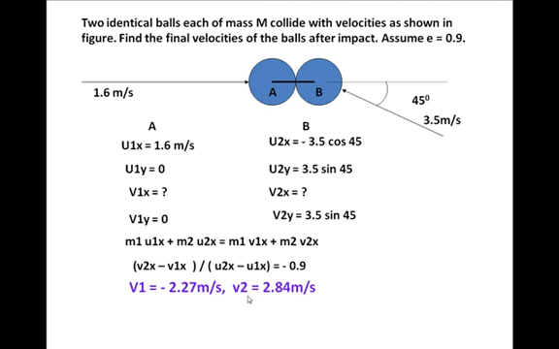But when we are working out v2, we will get v2x from these two equations. We will have to do v2x square plus v2y square, take the square root, and then we will get this value of v2. Thus for this oblique impact, by writing data systematically, we have worked out v1 and v2, that is the final velocities of these two particles after the impact.